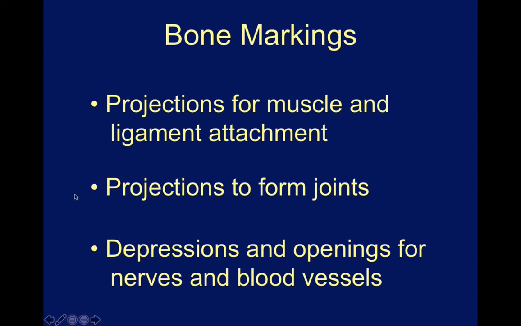Is it projecting from a bone to help in joint formation? Or is it perhaps projecting from a bone to give a surface area for muscle, tendon, or ligament attachment? These are the concepts that we want to be primarily focusing on as we go through the bone markings, and then when we start going over the axial and appendicular skeletons, you'll start to solidify your knowledge of specific bone markings and where they can be found.